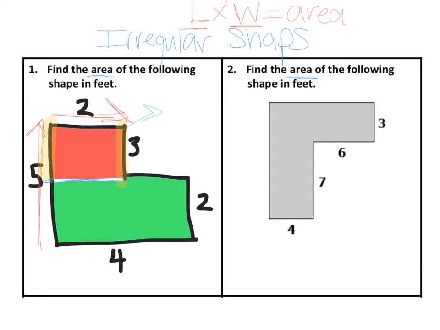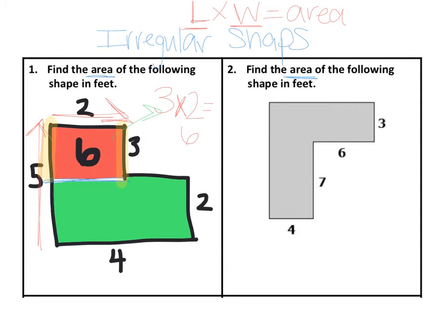So I'm going to be doing 3 times, and what is our height? Or I'm sorry, what's our length? Our height was 3, and our length would be 2. And 3 times 2 is 6. All right, I'm going to write that down right here.